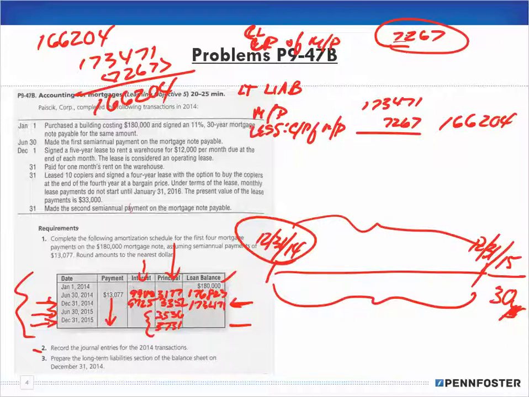yeah, breaking it out, I mean, the problem here is asking for the long-term liabilities, and yeah, the balance in the liability account would be 166,204 after we've made the entries at the end of December 31st, 2015.